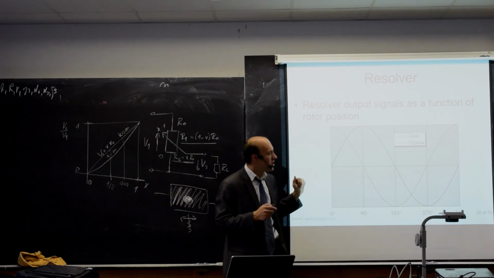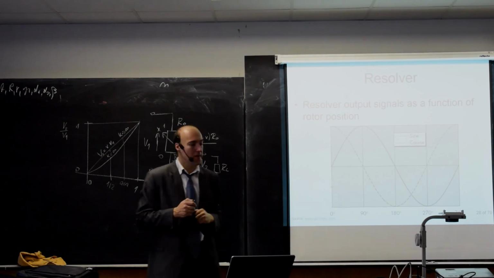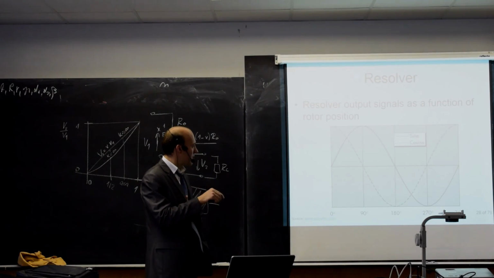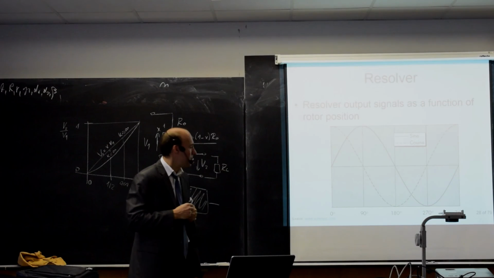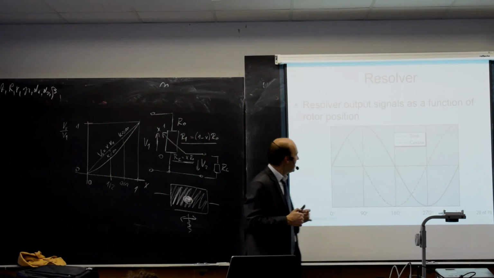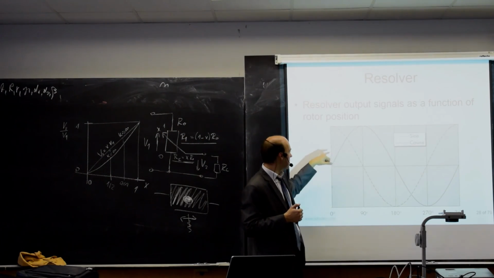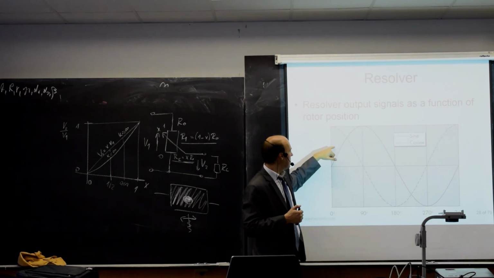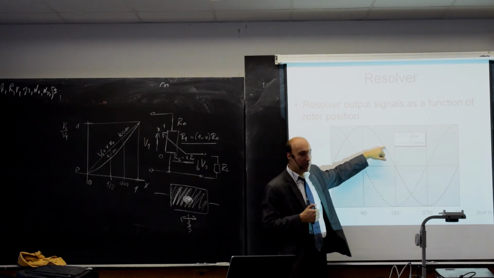So for this reason, we need to combine those two signals together, and we need to add the second winding, the cosine winding, also in the equation. So now it's easy. Let's say I measure the two voltages. So let's say I pick this value, for example. So now this will give me this voltage or this voltage.